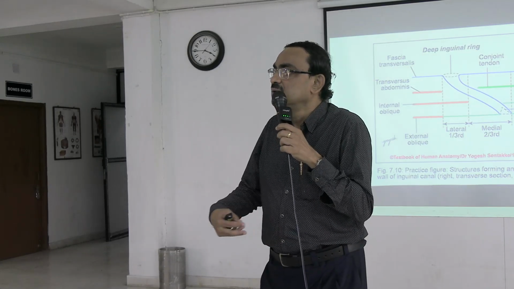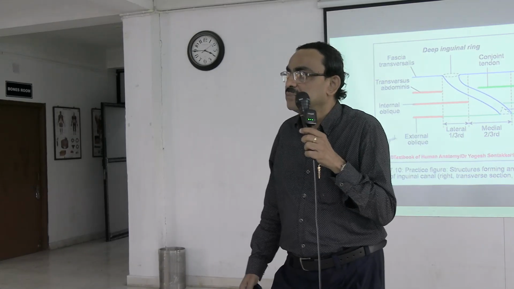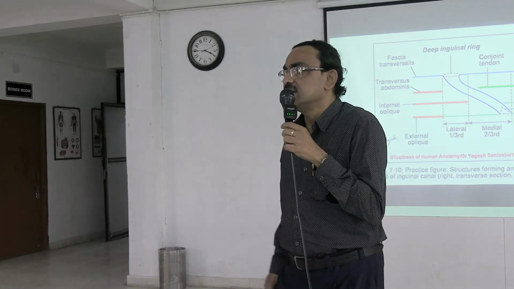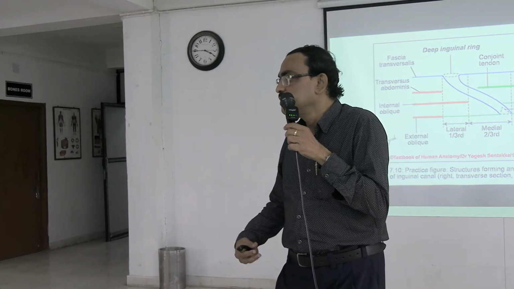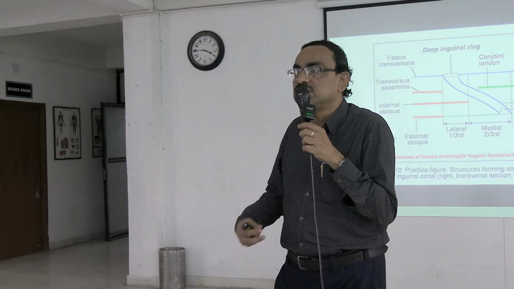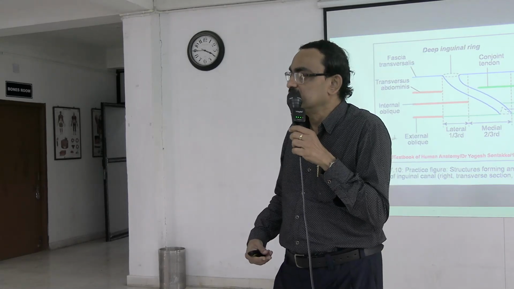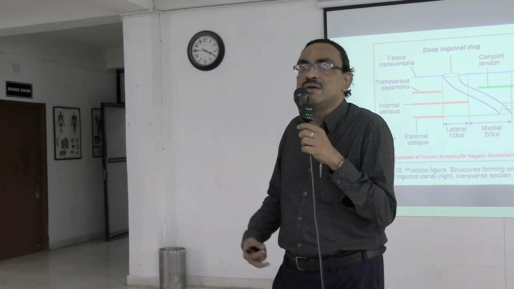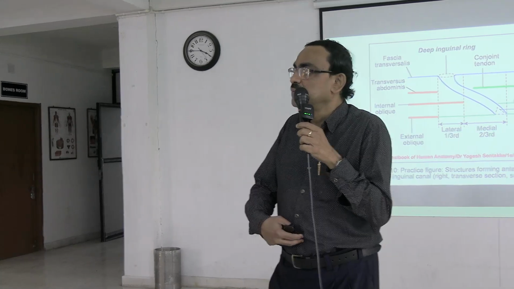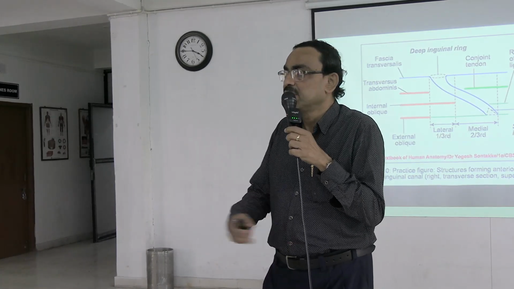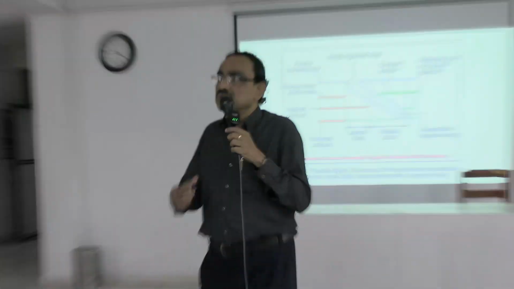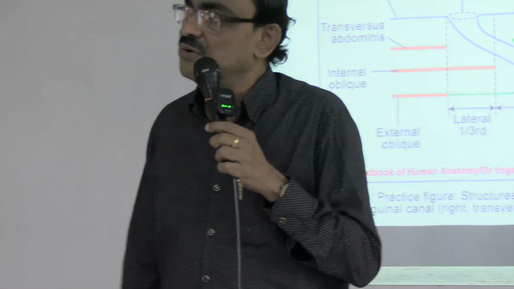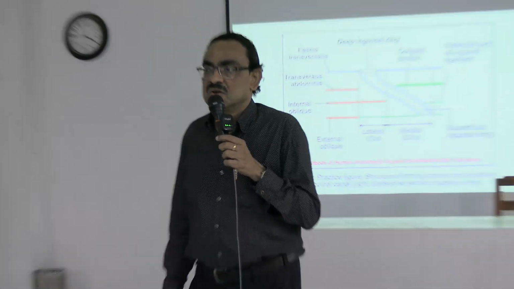So any pain over the testis is referred to the anterior abdominal wall. Similarly, the same segment supplies the appendix, so any appendicular pain is referred to the umbilicus. So this is the spermatic cord and the round ligament of the uterus.